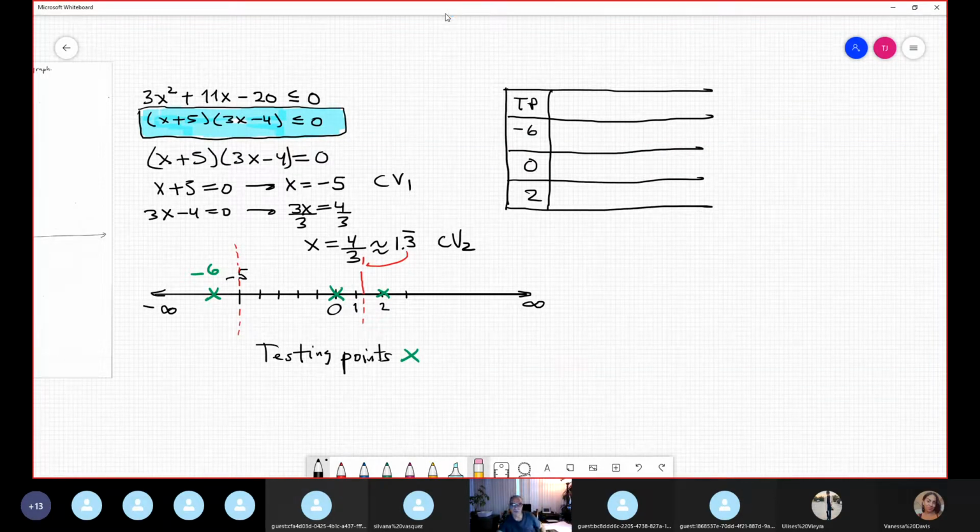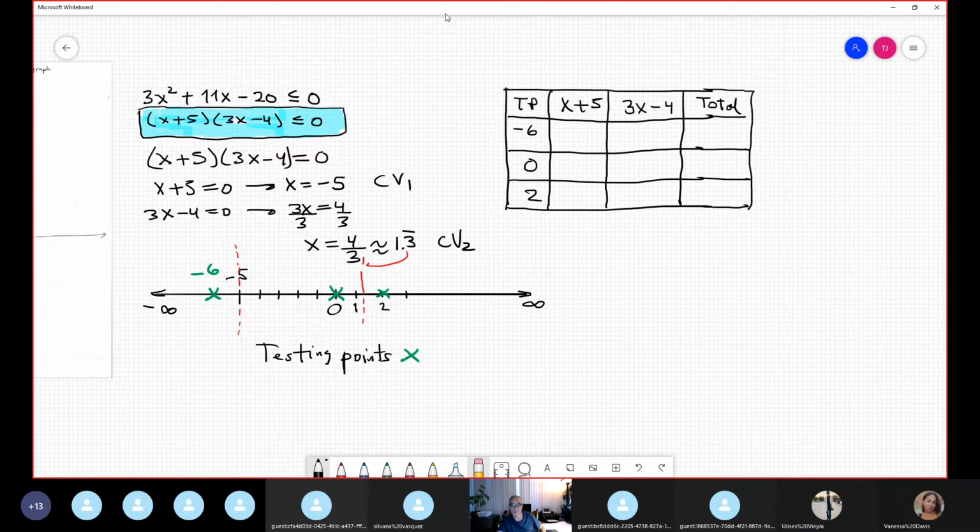One of the columns corresponds to each factor in my problem. Remember, when a factor contains an even exponent, you partially or totally delete, depending on the sign, whether it is less than or equal or just less than. But in this case, no, the exponent is 1. So this is the extra column I call total.